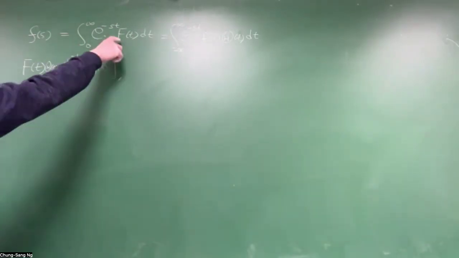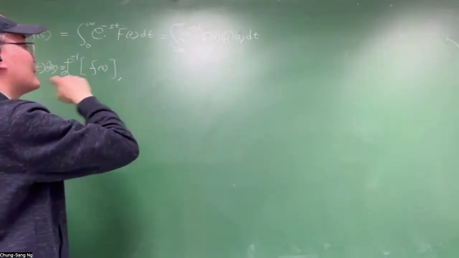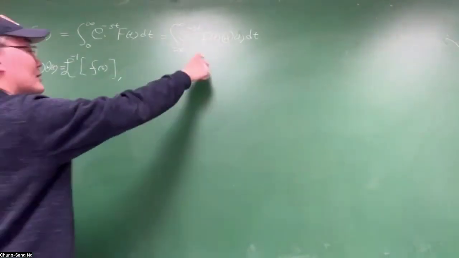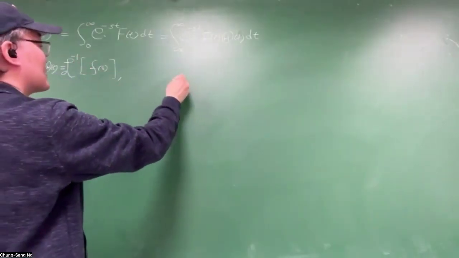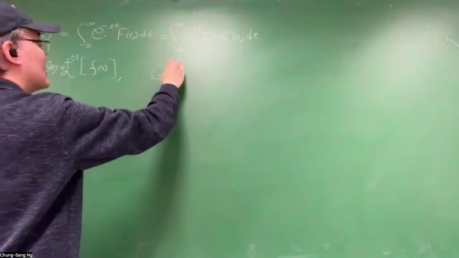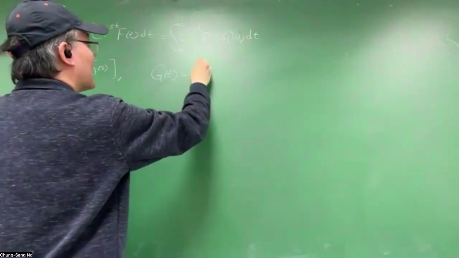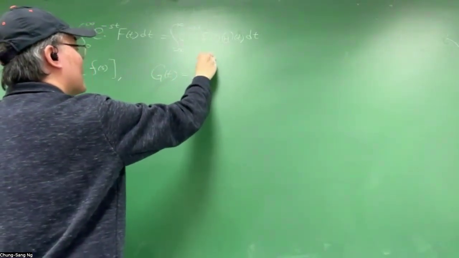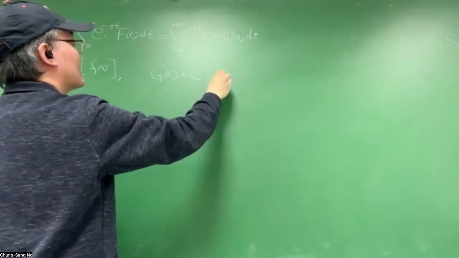So if you just do an inverse Fourier transform of this capital F(t), that might have a problem. Instead, we multiply this function by an exponentially decaying function. So we define g(t) like that: multiply by a decreasing function, e to the minus beta t, for a large enough positive beta, and then f(t).